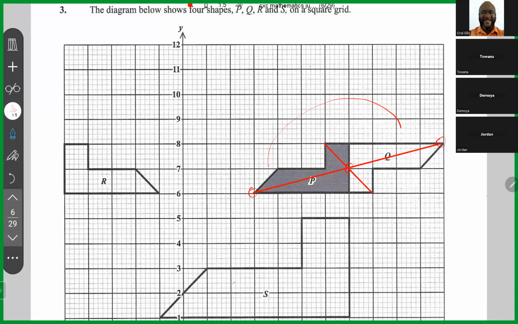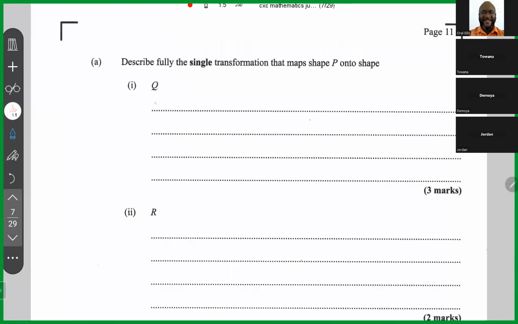So in answering this question, I would say that the shape P is mapped onto Q by a rotation of 180 degrees about the point 7, 7 as center.